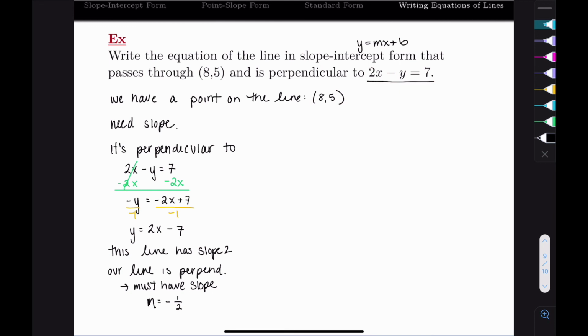Okay. So I'm able to use that second line to figure out what the slope of the line we want is. So we now have our two key pieces of information. I have the point and I have the slope. So we can create the equation of the line.